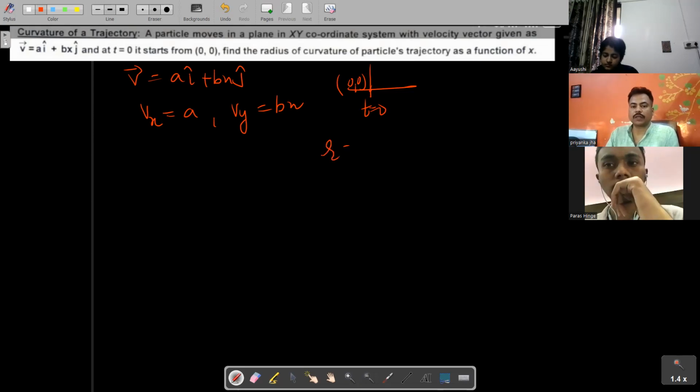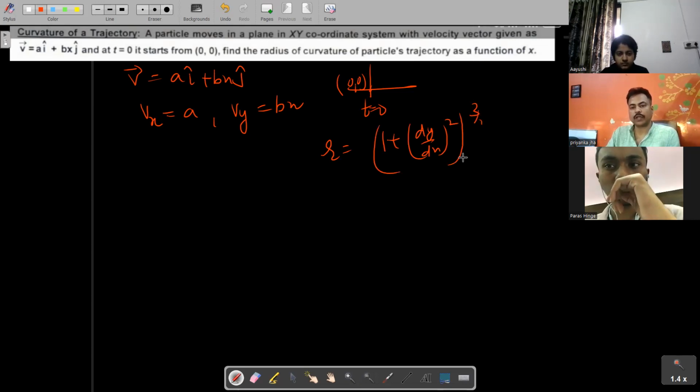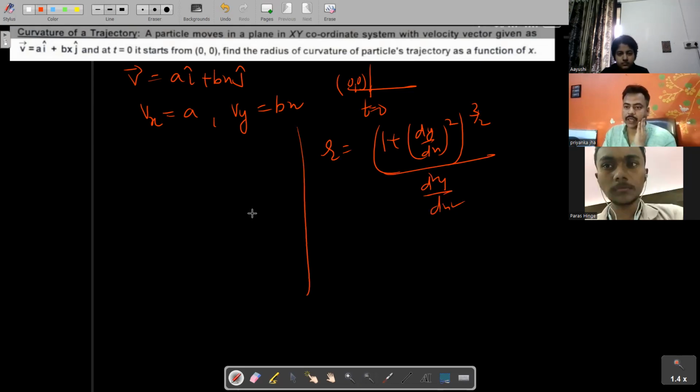You know the radius of curvature is (1 plus (dy by dx) whole square) to the power 3 by 2 upon d2y by dx square. So first you find the equation of trajectory, which means you have to eliminate the extra parameter if there is any.